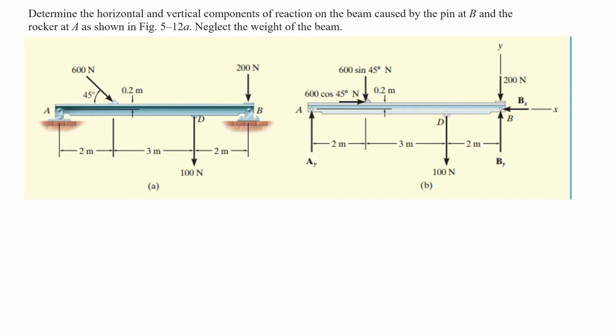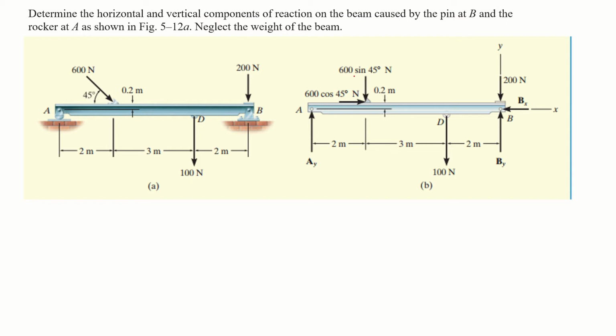First, we have to draw its free body diagram. On this right side, in figure B, we have drawn the free body diagram, and at this point we have resolved this 600 Newton force into its components.